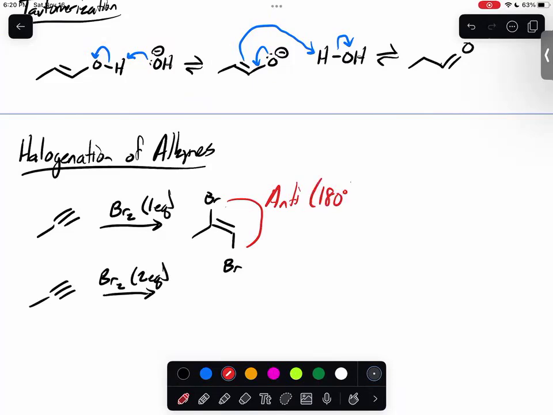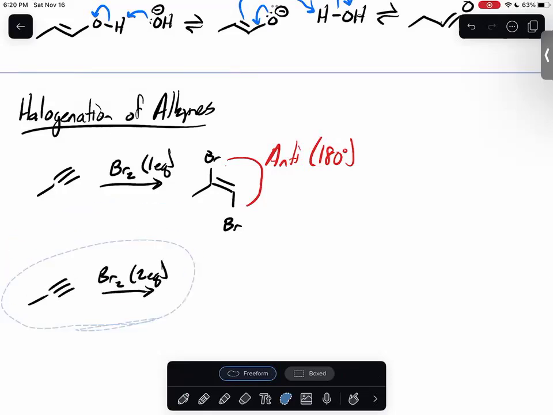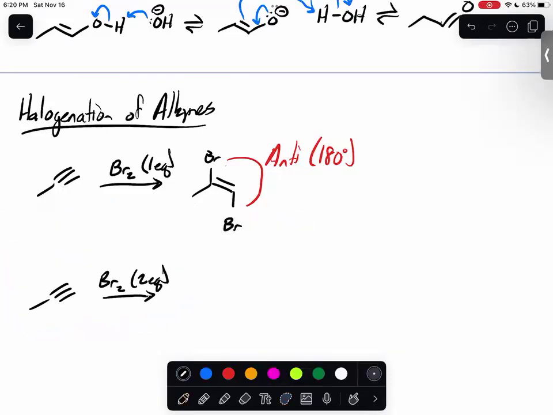With two equivalents, though, the alkene that we have now formed can undergo a second halogenation, and we essentially just get a huge number of bromines, or whatever halogen it is that we're talking about, all over the structure. All right?